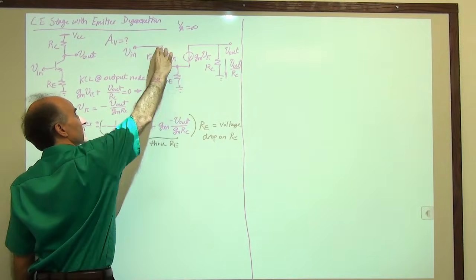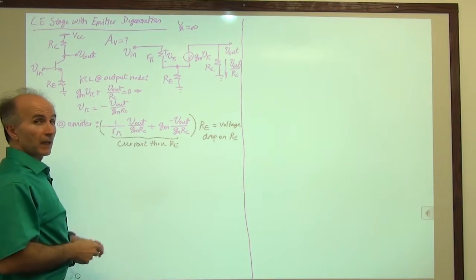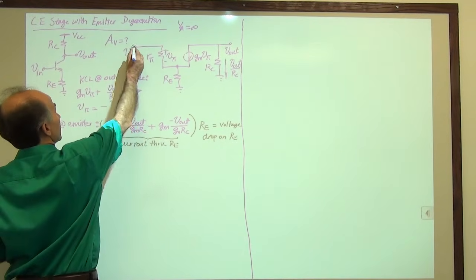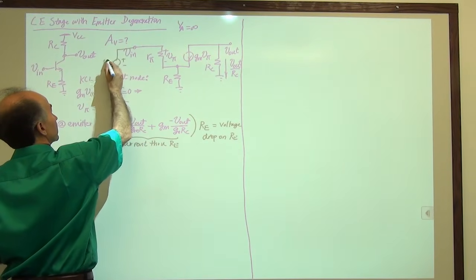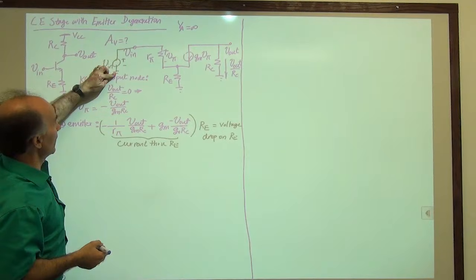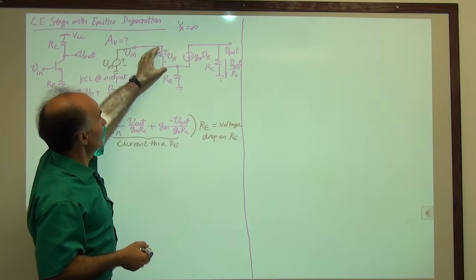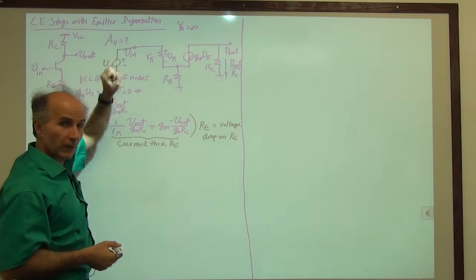This voltage plus this voltage must be equal to this voltage. If that's confusing, you can always draw this guy explicitly so that you can see it better. V in, because it goes from here to ground, is equal to V pi plus this, because it also goes to ground. So this plus this is equal to V in.